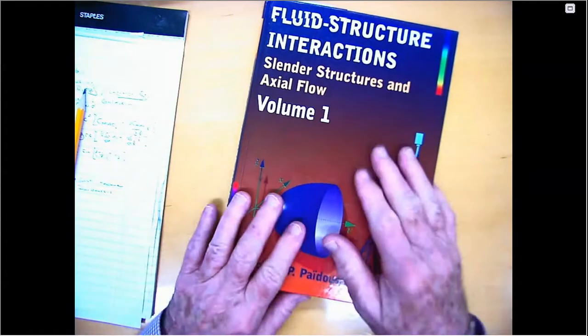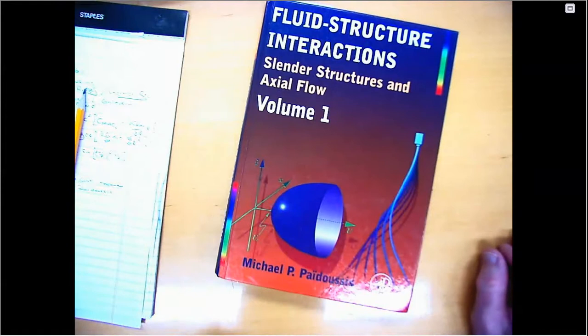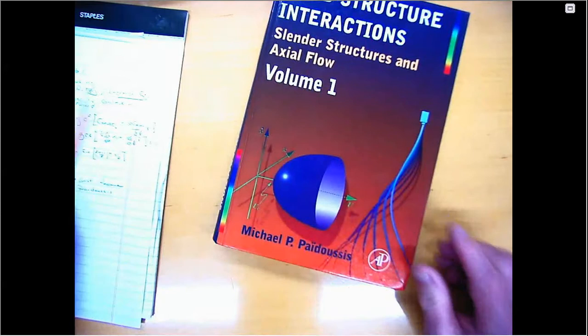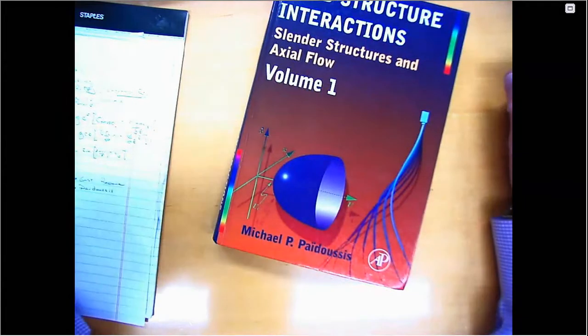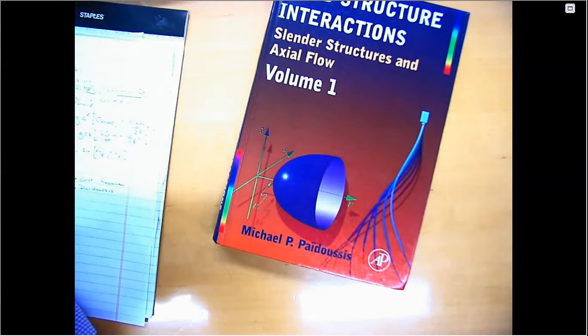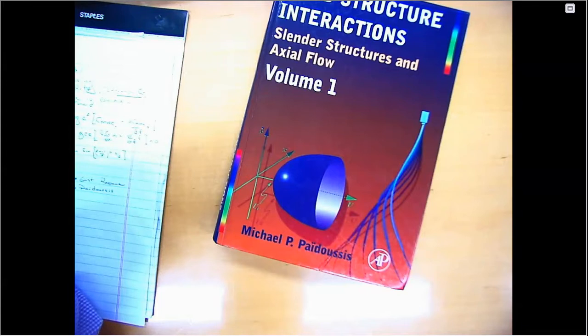Anyway, Professor Paidoussis from there spent the rest of his life looking at that problem and various other variations on that problem. For example, the early math model was a beam. It's a hollow beam, right? So you model it as a beam with a certain EI. And then you use what's called slender body theory for aerodynamics, which I'll discuss briefly, which turns out to be a relatively simple aerodynamic theory.